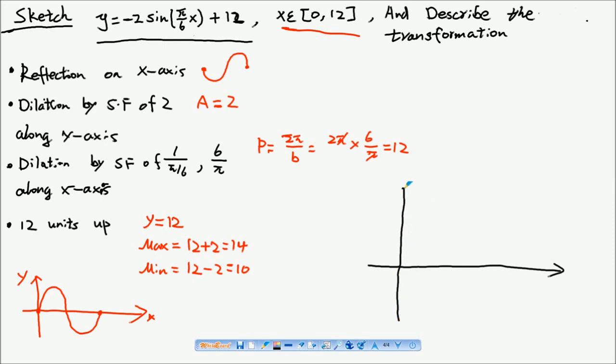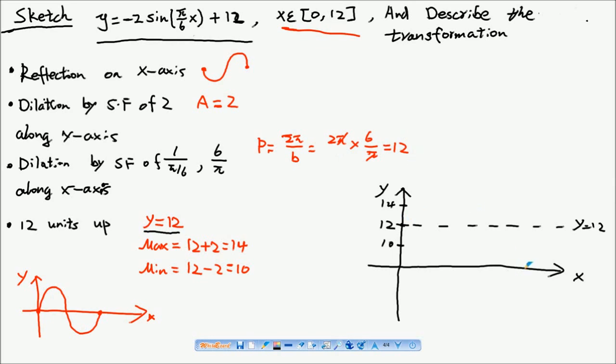We have x and we have y. The neutral line is y equals 12, so let's draw it here in dotted line. Here is 12. The maximum number is 14 and the minimum is 10.